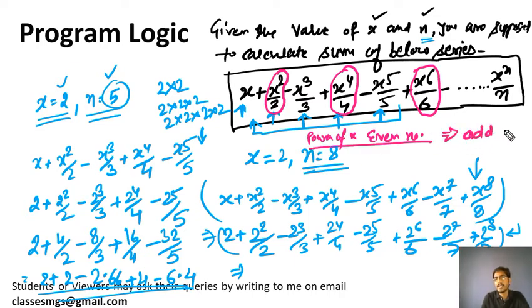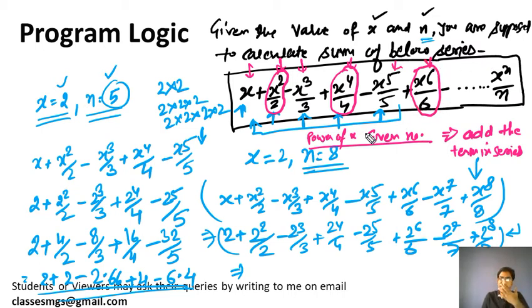We need to add the term in the series, because these are known as terms. This is the first term, this is the second term, this is the third term, this is the fourth term, this is the fifth term, this is the sixth term. These are known as terms.